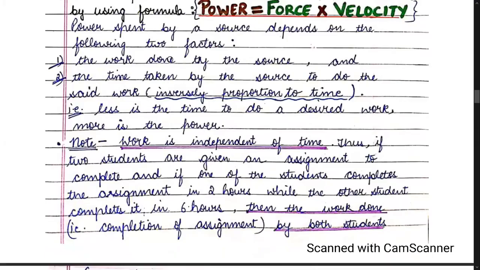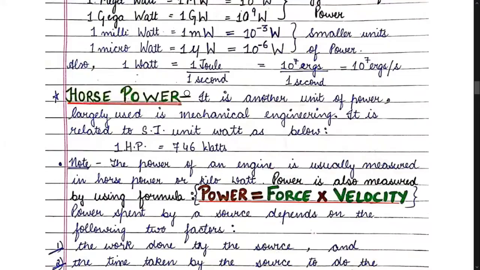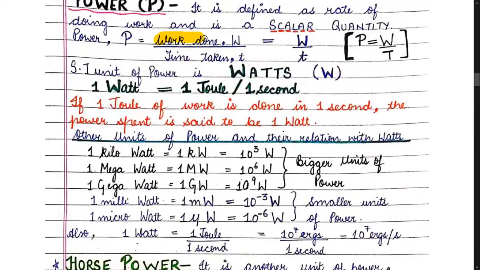Now children, power spent by a source depends on two factors. What are they? One is work and the other is time. So power is directly proportional to work while it is inversely related to time. Why? Because power is in the numerator while time is in the denominator on the right side.